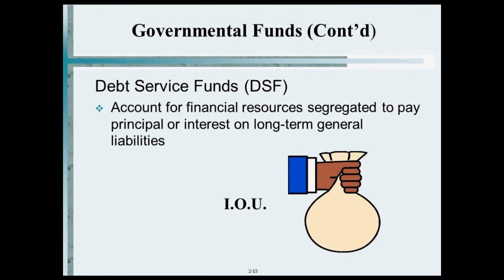Debt service. What happens in government is when people lend money to government. So if I decided, as the CFO of a government organization, to borrow money, I go to the investment bank or some outfit and they say, okay, we'll be prepared to lend you money.